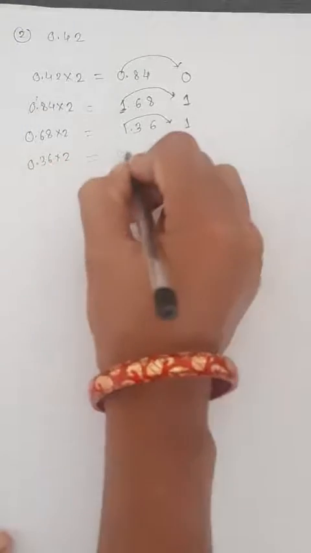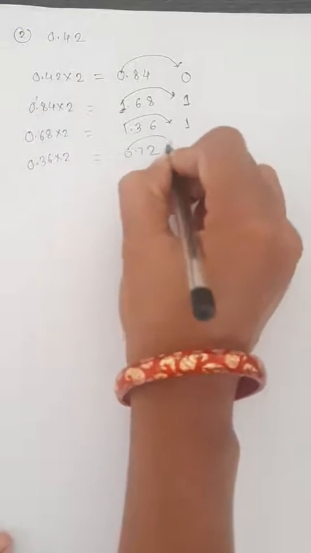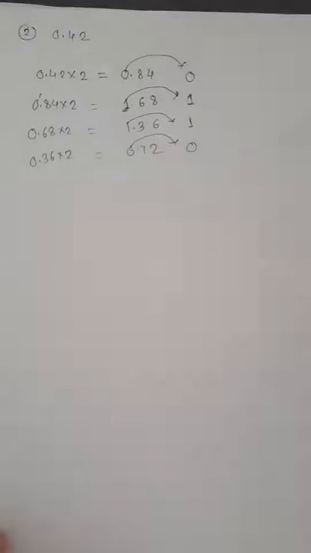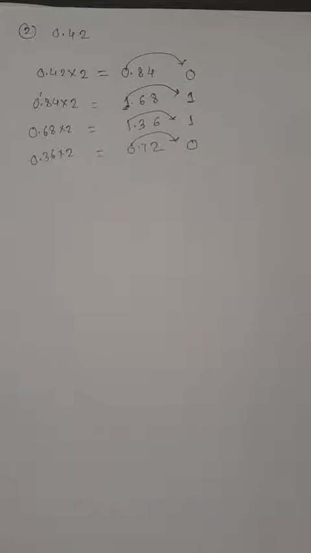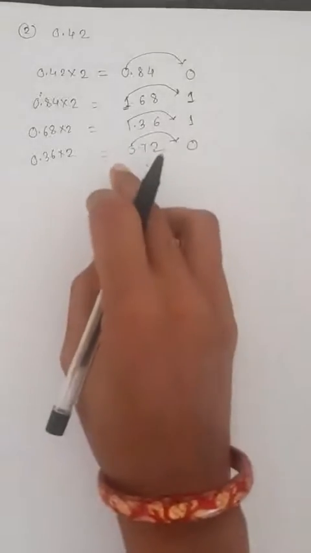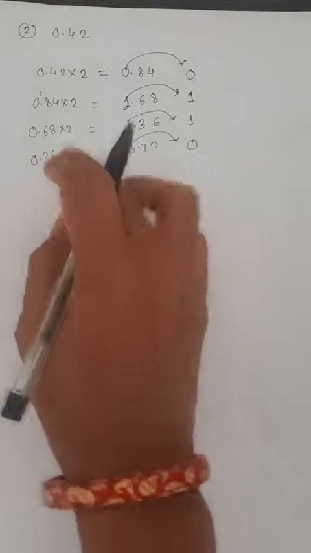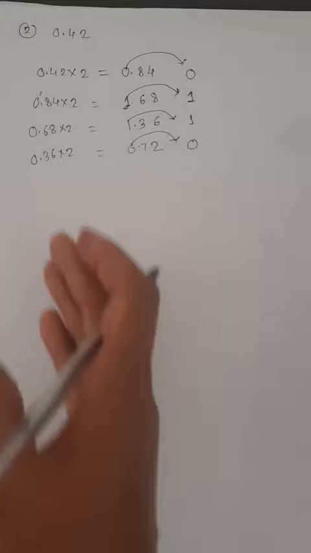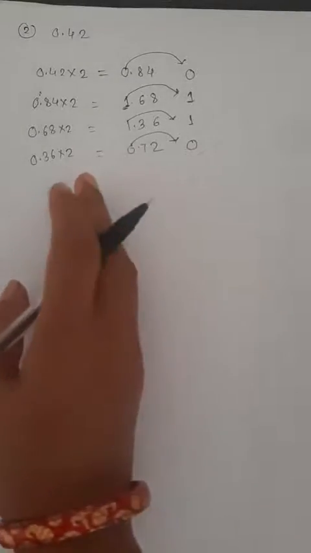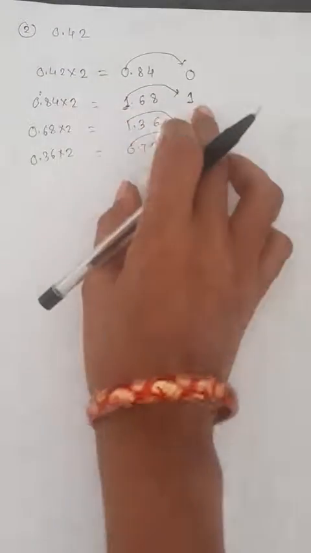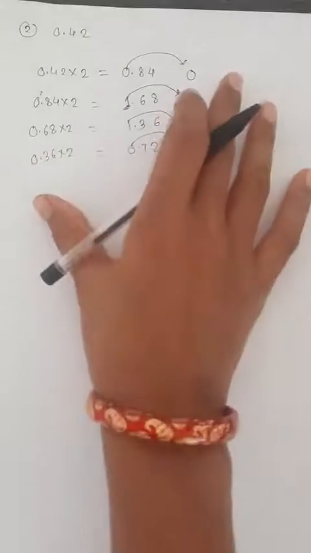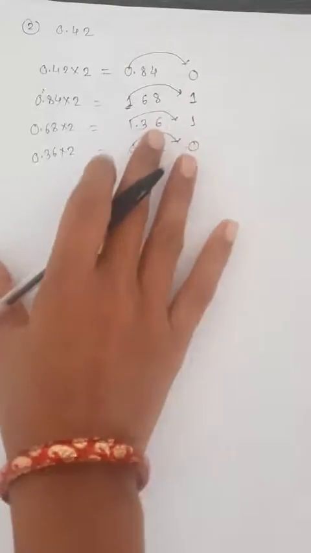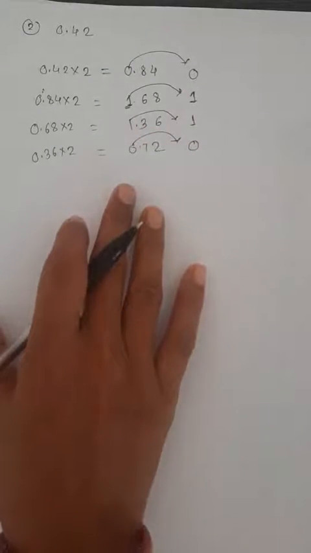Again multiplying, we get 0.72, right? 0 here. So stop at 4 places, or you can multiply the next step, but take a maximum of 4 fractional places and then stop the multiplication.